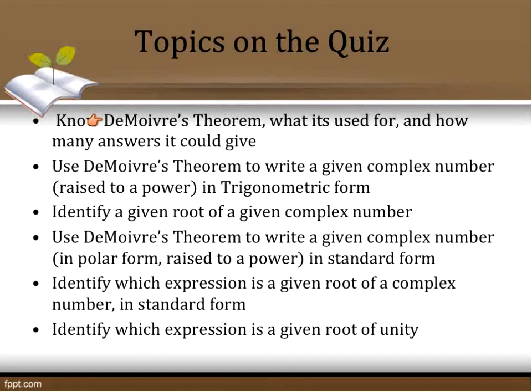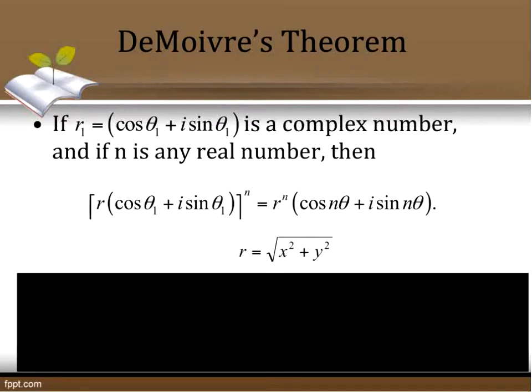And hey, this is a French name. I've heard different people pronounce it different ways. De Moivre, de Moivre. One of those ways is probably correct since he's French. Okay, so here's his theorem. And what's great about his theorem is that he is teaching us a way to solve problems when I have a crazy exponent.